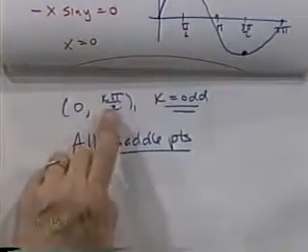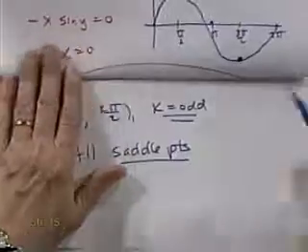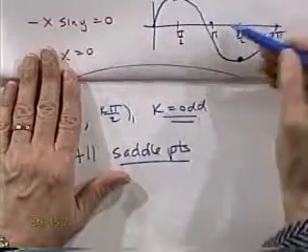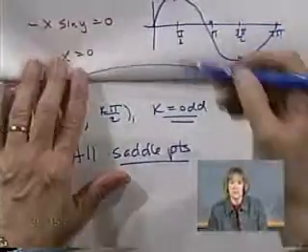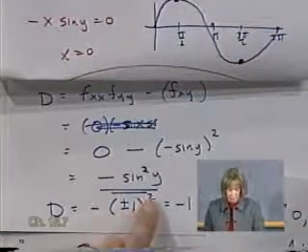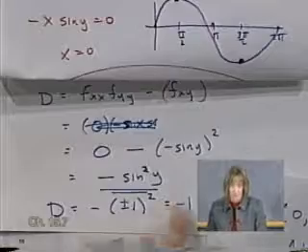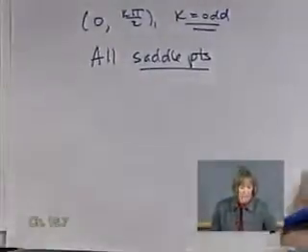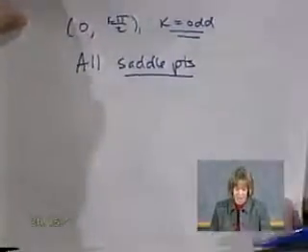Because for all of them, if you're taking an odd multiple of pi over 2, the sine of pi over 2 is 1, the sine of 3 pi over 2 is negative 1. If you square 1 or minus 1, you get a 1, and then hit it with a minus sign, you get a negative 1. So we have all saddle points for this particular function.